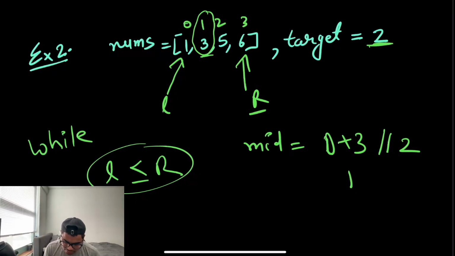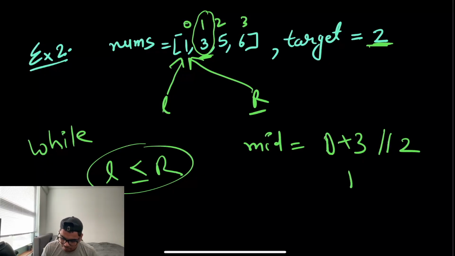So what's going to happen is, since this is greater than 2, that means I will move my right pointer to mid minus 1. So I will move this pointer to mid is 1, basically 0, right? 0, and then I will find out the mid again.